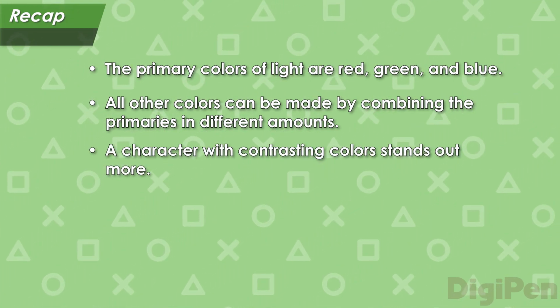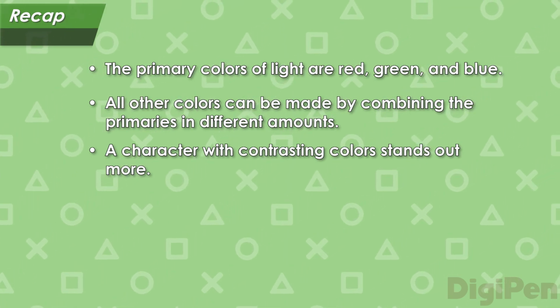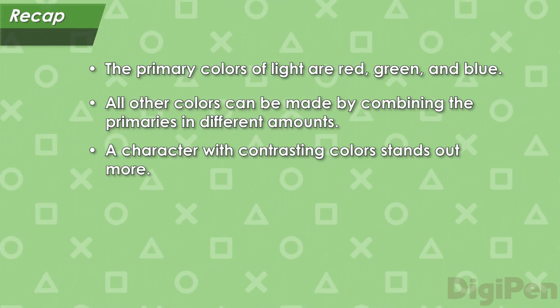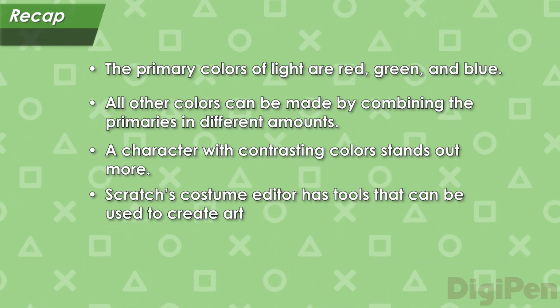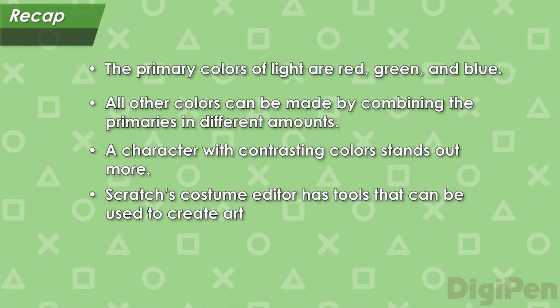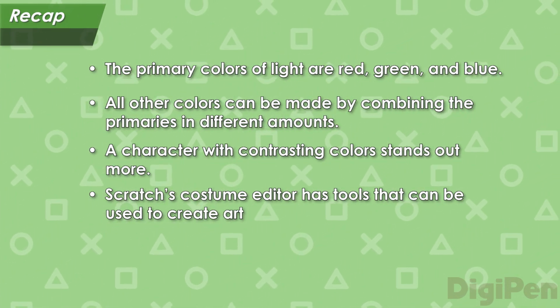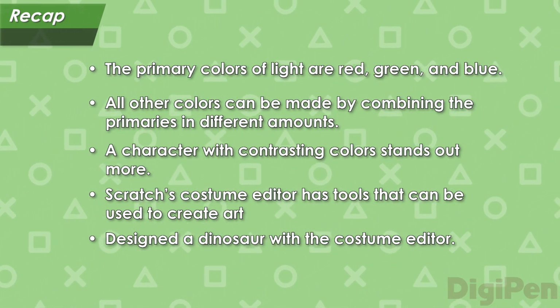Next, we learned that an artist can use color contrast to help design a memorable character who stands out. Then, we discussed the tools in Scratch's costume editor and learned how to use them to pick colors and make drawings. Finally, we applied this knowledge and these tools to design our own dinosaur.